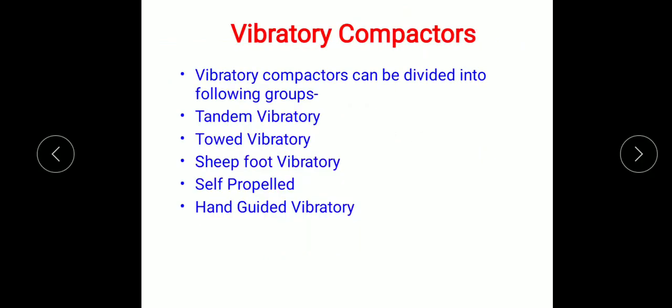Next important type is the vibratory compactors, which can be divided into following groups. So the first is tandem vibratory, second is towed vibratory, third is sheep foot vibratory, fourth is self propelled, and fifth one is the hand guided vibratory. So now we will discuss all these types one by one.